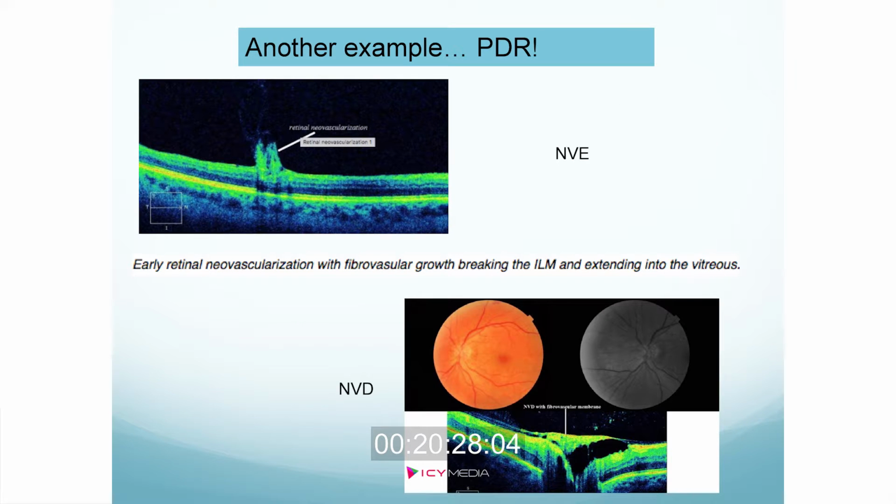Here's another example of proliferative diabetic retinopathy. The top scan is neovascularization elsewhere. You can see how that hyperreflective tissue is extending anterior up into the vitreous. That's a fibrovascular growth extending off the ILM. And then your 3D nerve scan, which I'm showing on the bottom right here, again in a patient that has NVD.